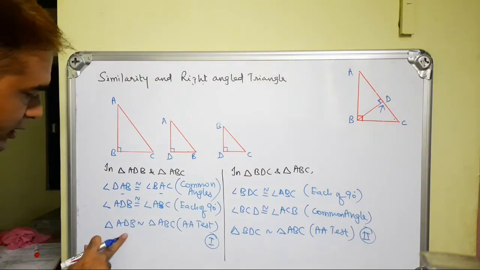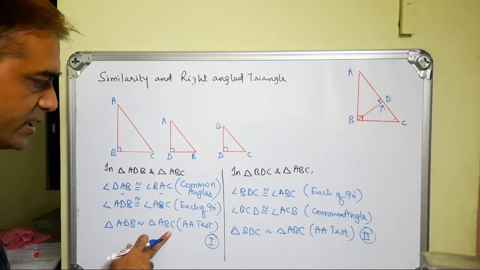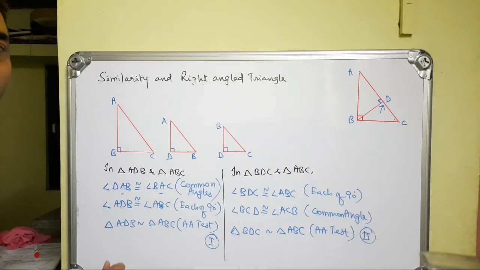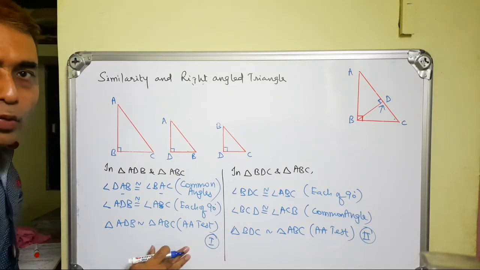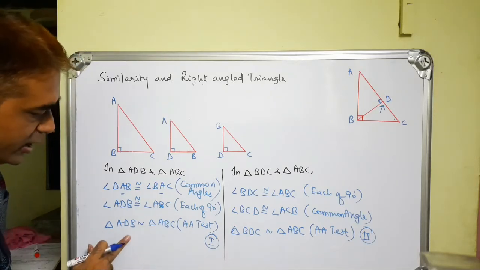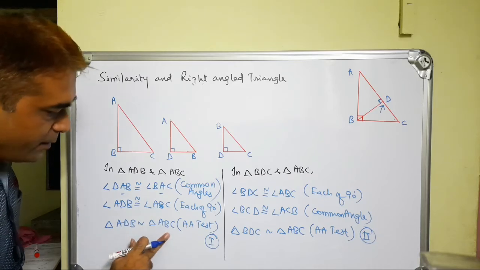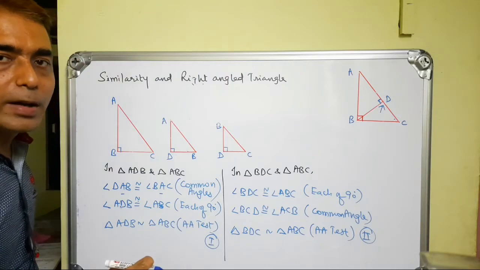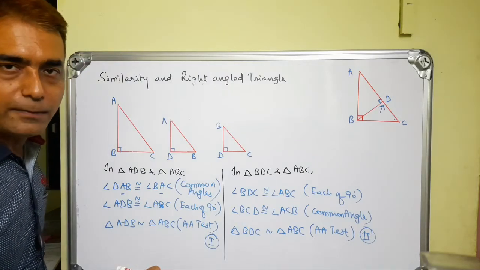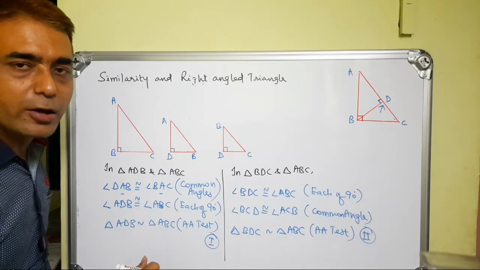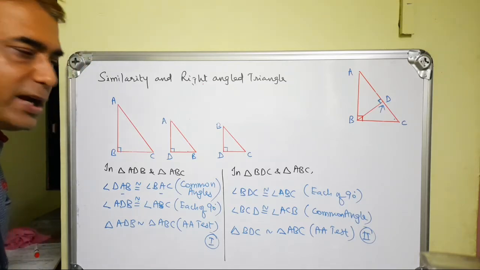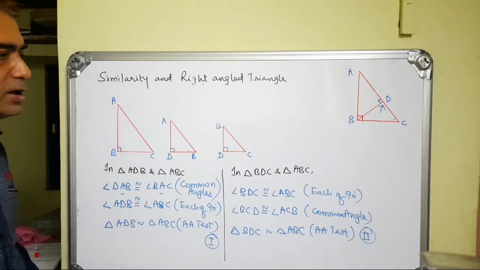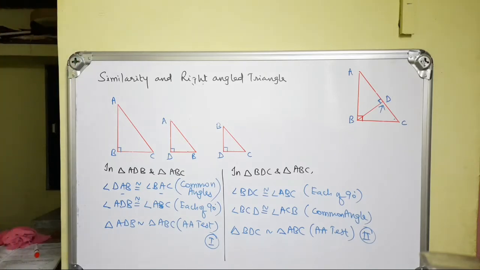Now see, here triangle ADB is similar to triangle ABC and here triangle BDC is similar to triangle ABC. Therefore from 1 and 2 we can write triangle ADB is similar to triangle ABC is similar to triangle BDC, by which test? By the test of transitivity, the property of transitivity of similarity. So that you will write, and then we will prove that all the three triangles are similar to each other.